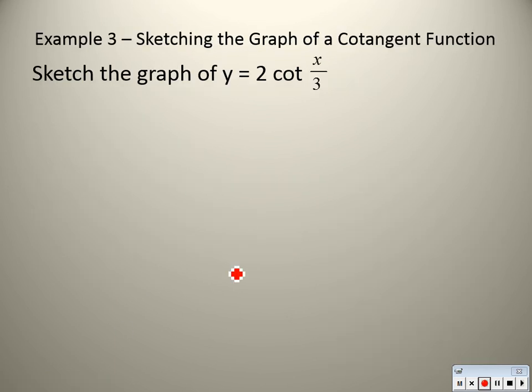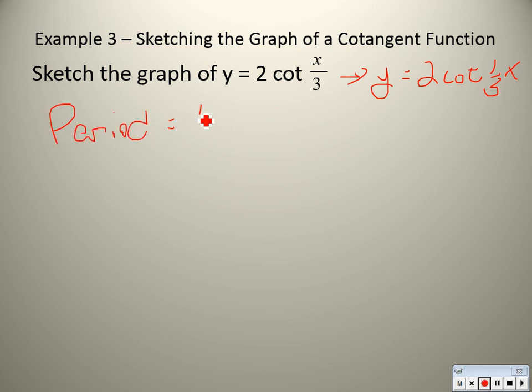So example 3, we have y equals 2 cotangent of x over 3, which I'm going to rewrite as y equals 2 cotangent of 1/3 x. So when I go to do the period here, I'm going to do pi over 1/3, which in this case would be 3 pi.